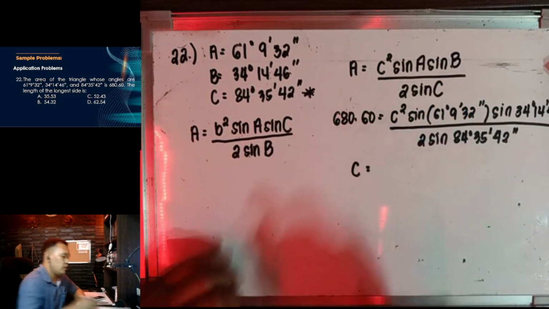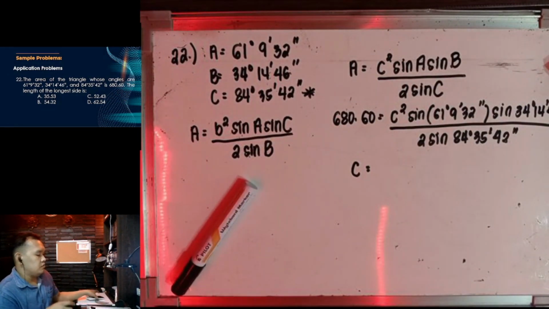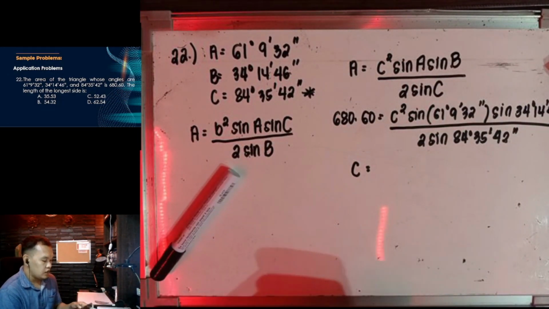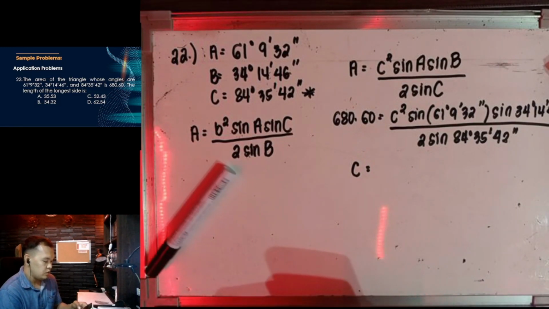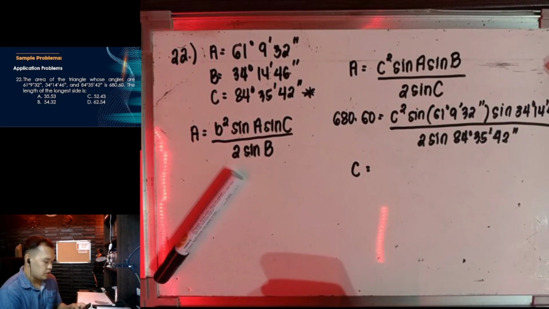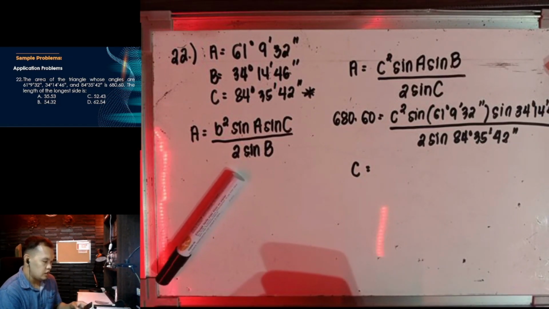So, 680.60 is equal to alpha x squared sine 61 degrees 9 minutes and 32 seconds times sine 34 degrees 14 minutes and 46 seconds divided by 2 sine 84 degrees 35 minutes and 42 seconds.